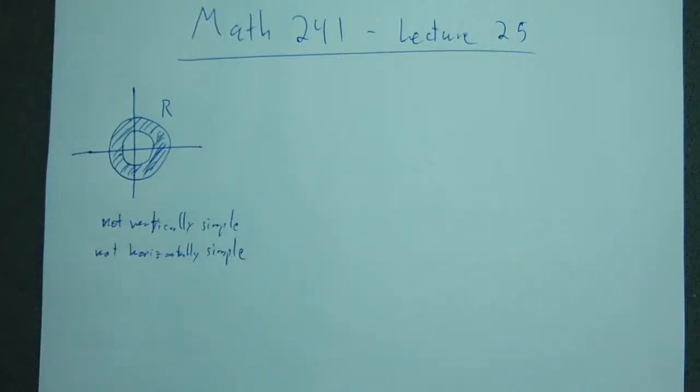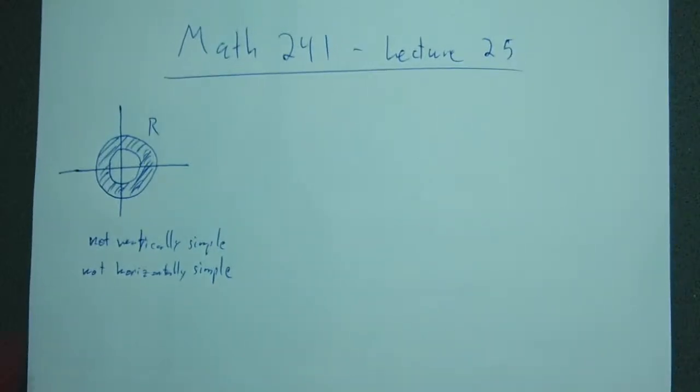And yet we're still going to integrate over it. What's maybe an intuitive way that you might think about how you can integrate? If I tell you that it's possible to integrate over this, even though it's not vertically or horizontally simple, what might be your basic guess as to how you're going to do this?